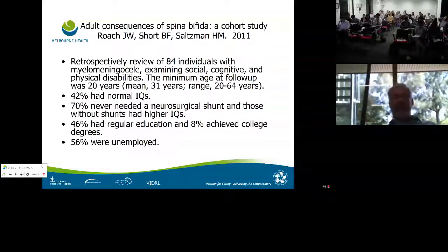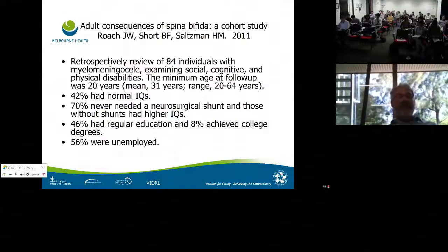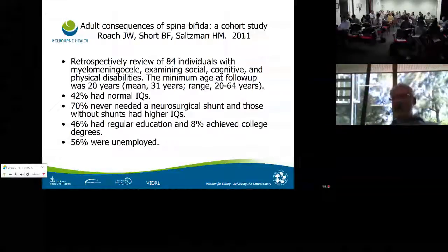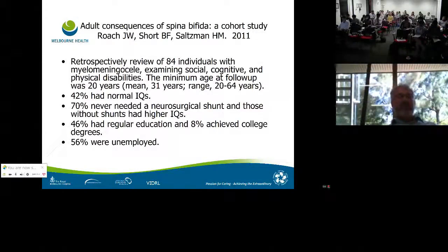This is a US paper, and therefore looking at college degrees, but that's a relatively small percentage of the overall population achieving college degrees. And the other issue is that a very large percentage were unemployed, even though 42% had normal IQs.